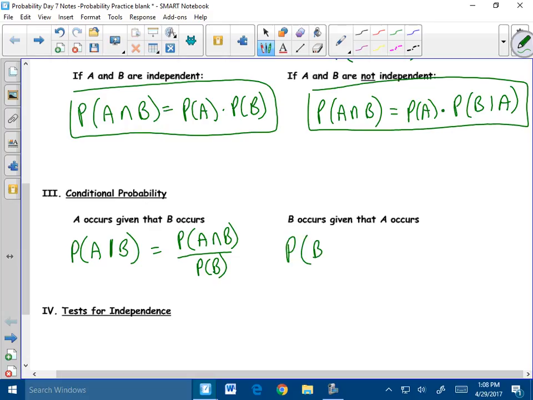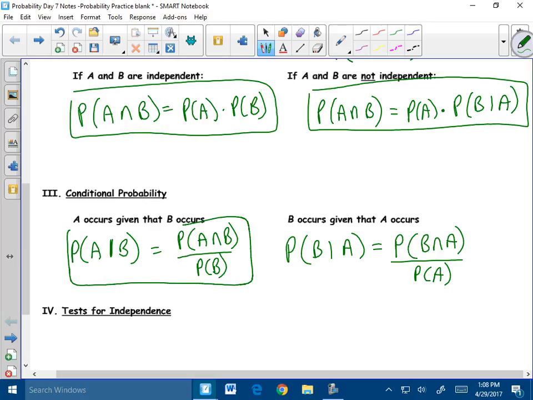Same thing for probability of B given A, we're just going to switch our letters around. So this would be the probability of B and A divided by the probability of A. You just remember that one formula and adjust it based on the letters you're working with.